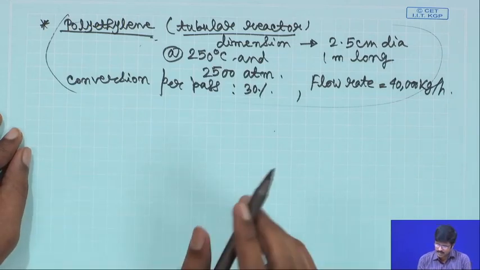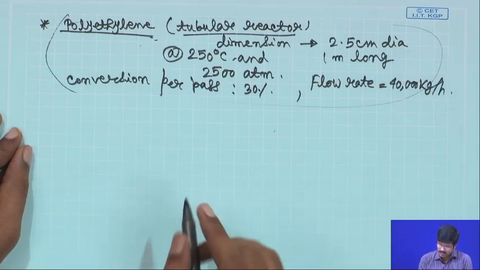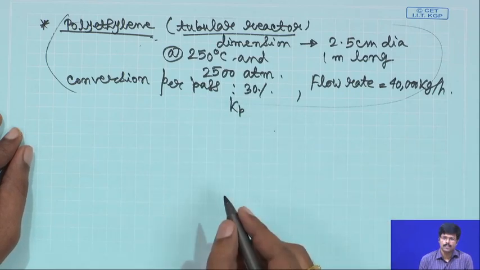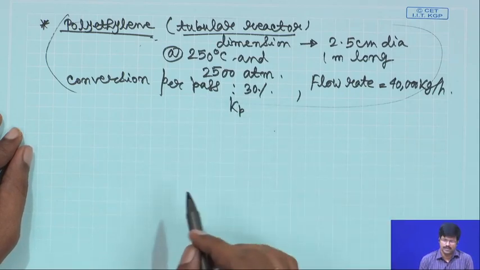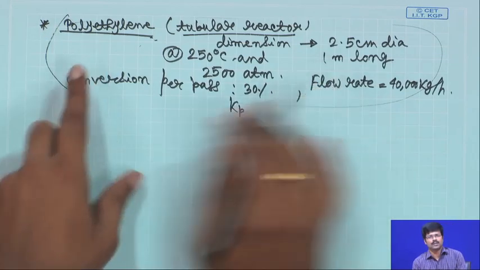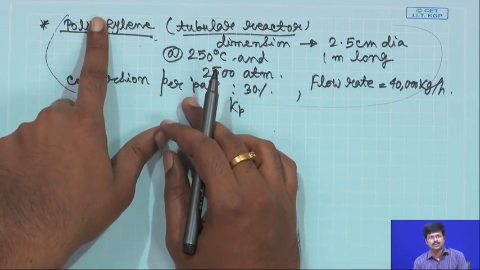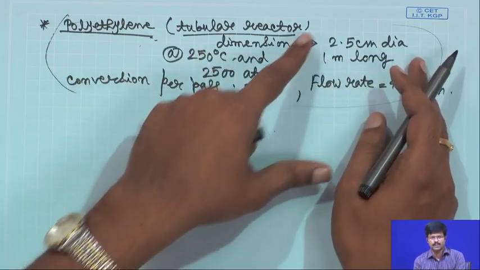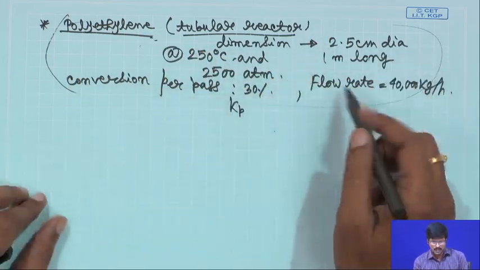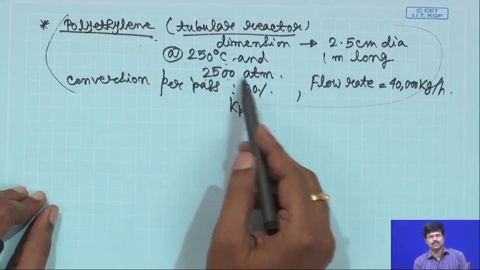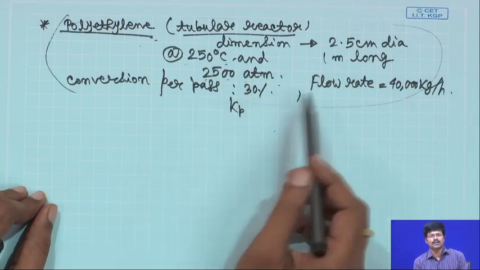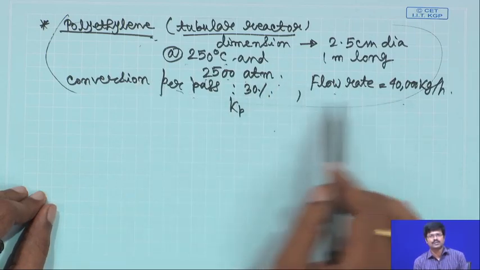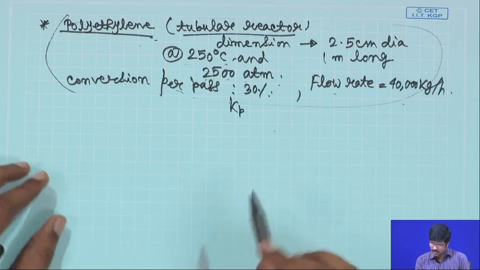Then the question that is being asked is you should try to estimate the value of the rate constant for propagation. So, ethylene polymerization is being done. So, product is polyethylene. Ethylene polymerization is being done in a tubular reactor of this dimension. This is diameter, this is the length at 250 degrees Celsius and 2500 atmospheric pressure, under high pressure, and the conversion per pass is 30%, flow rate is this. So, what is the value of Kp? This is the question.